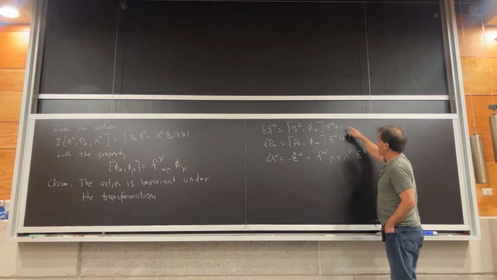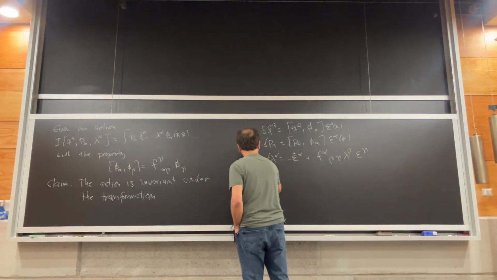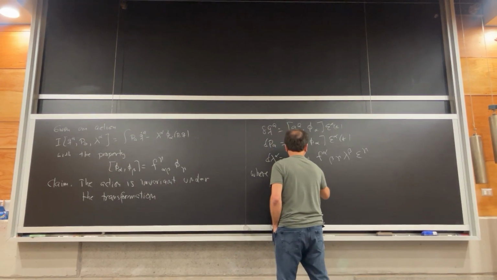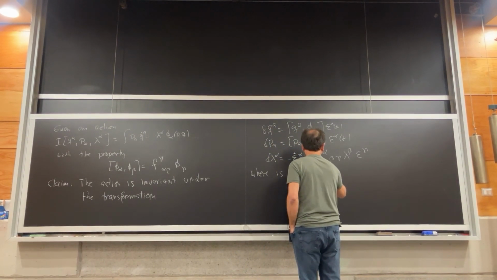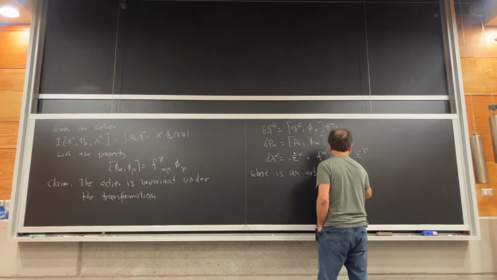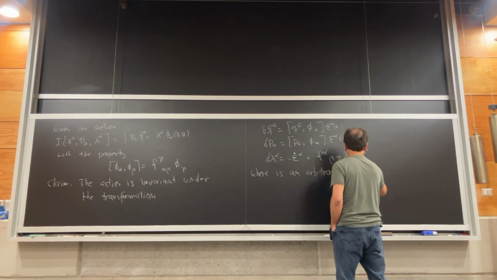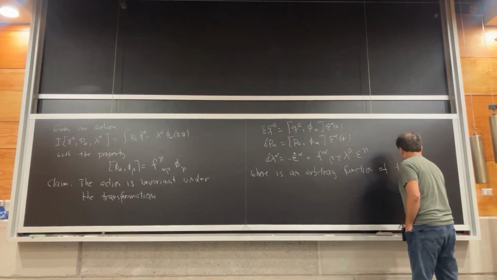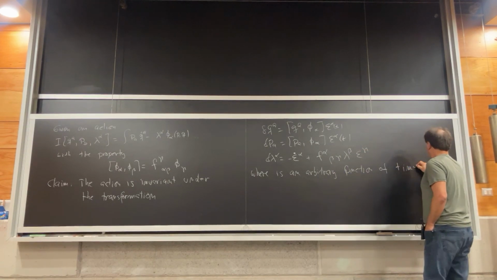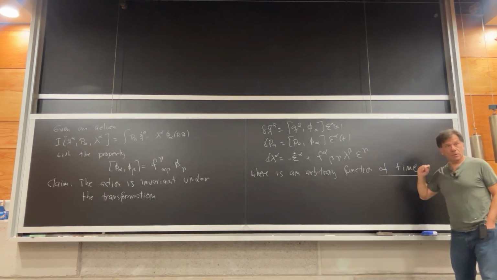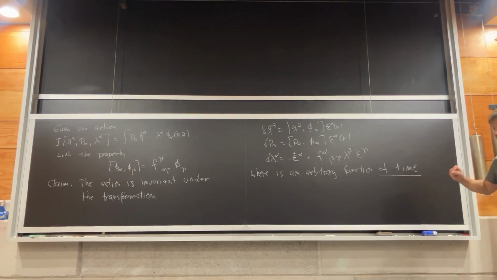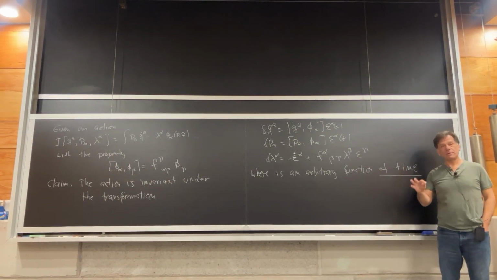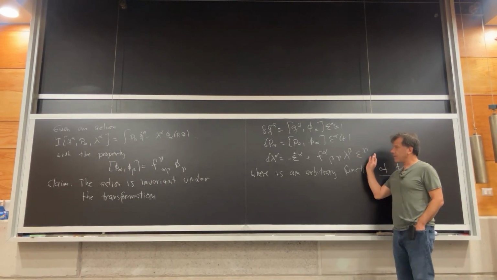Now this Poisson where epsilon... this is the crucial aspect of this transformation, that the parameter of the transformation, which is supposed to be very small, infinitesimal, is a completely arbitrary function of time.